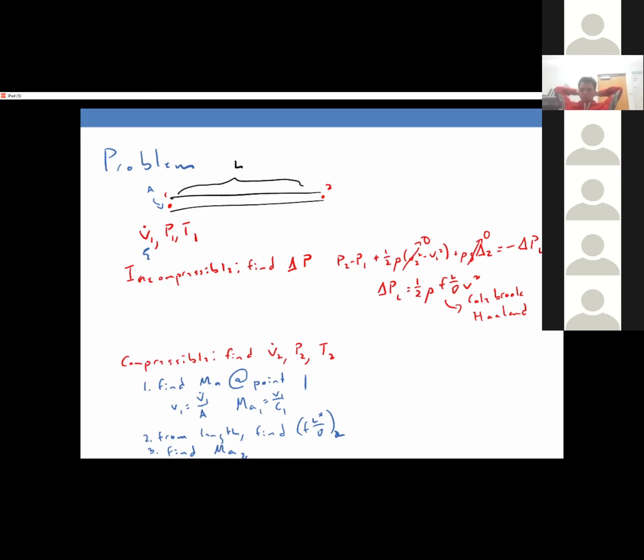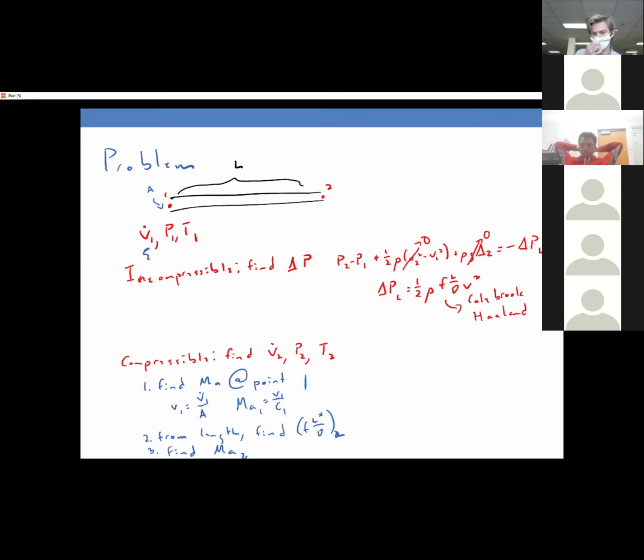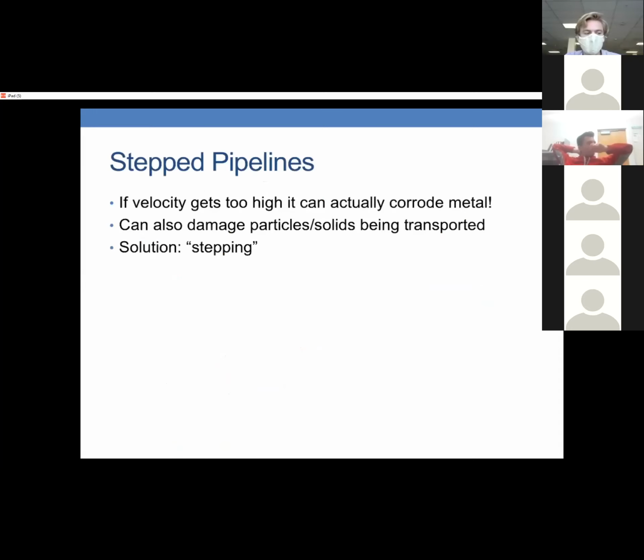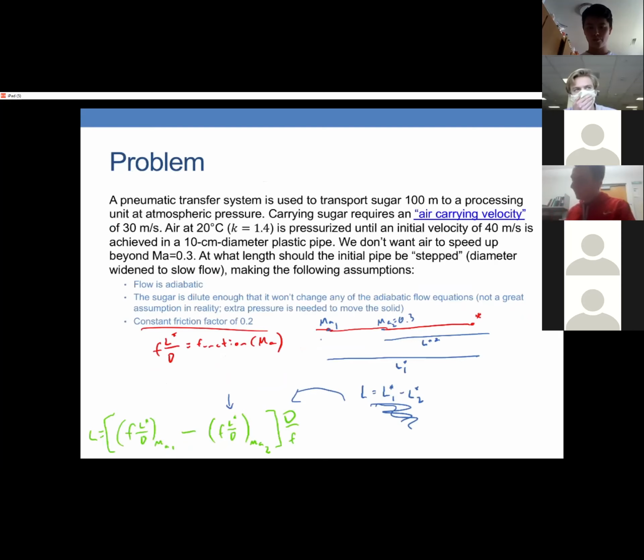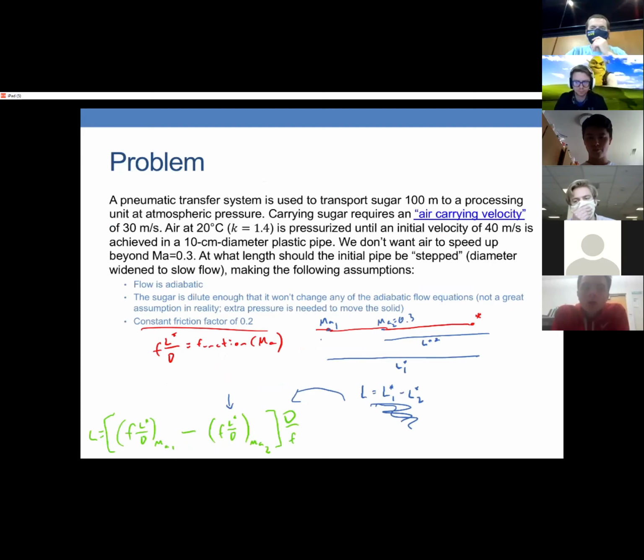All right, and that, yes? Could you go back to the length slide? When you solved for the length, how did you get the two L stars? Okay, I did not get them directly.